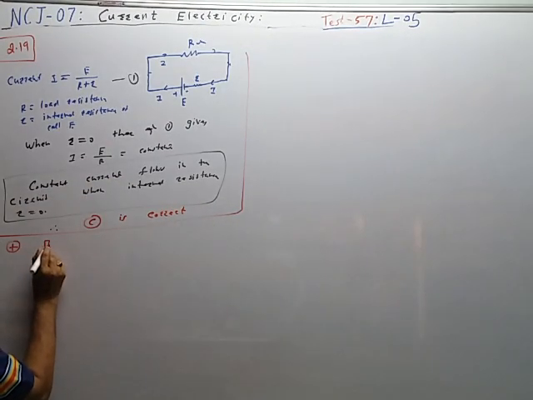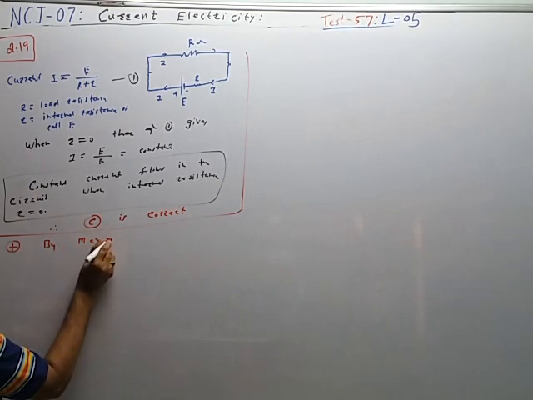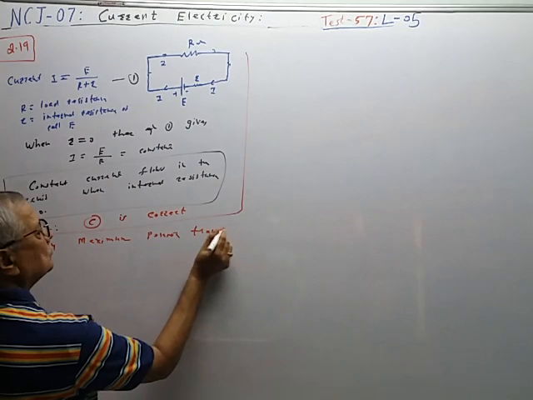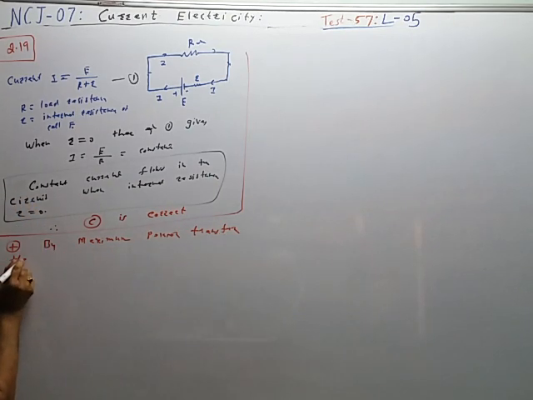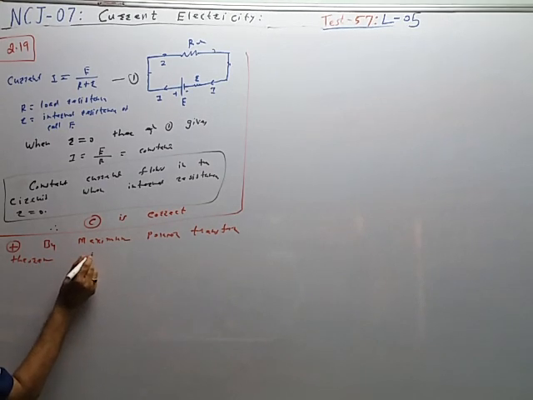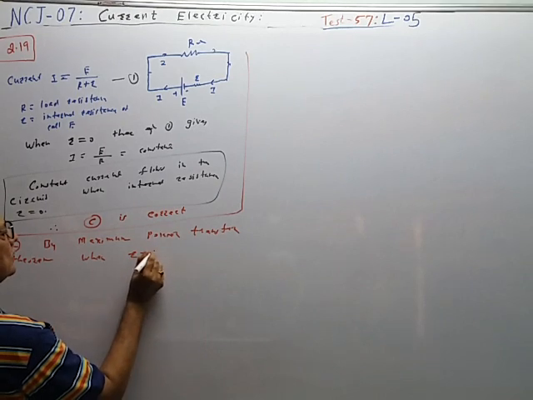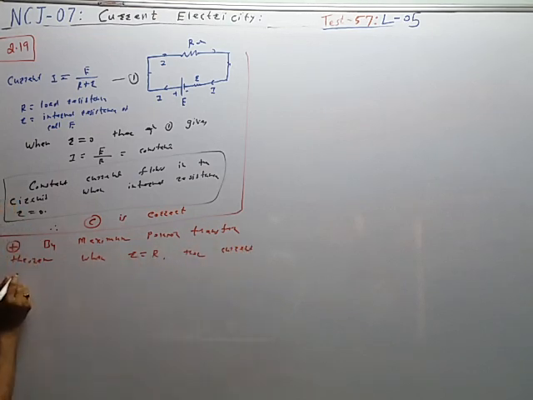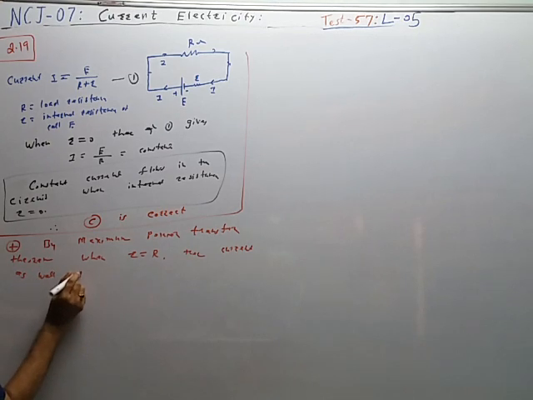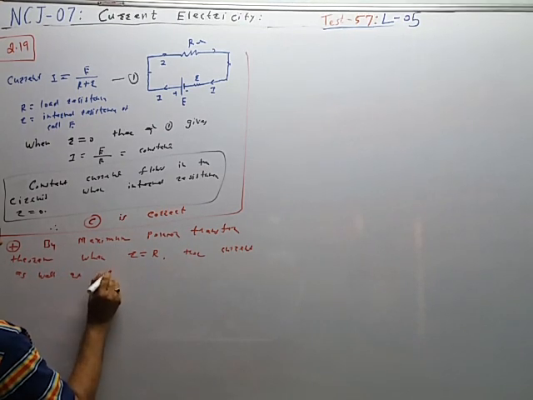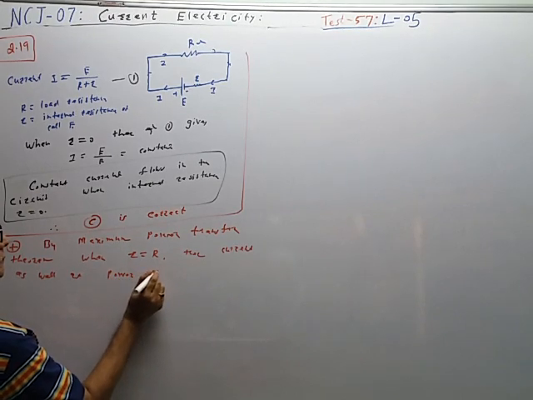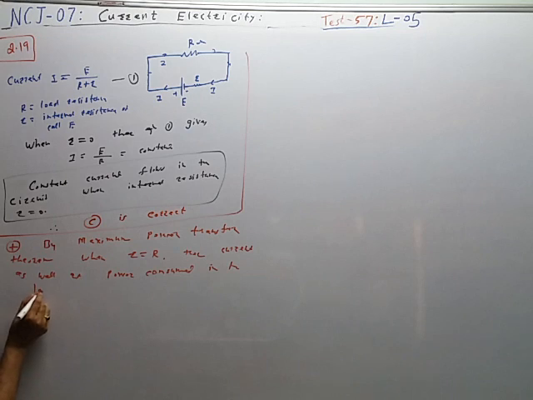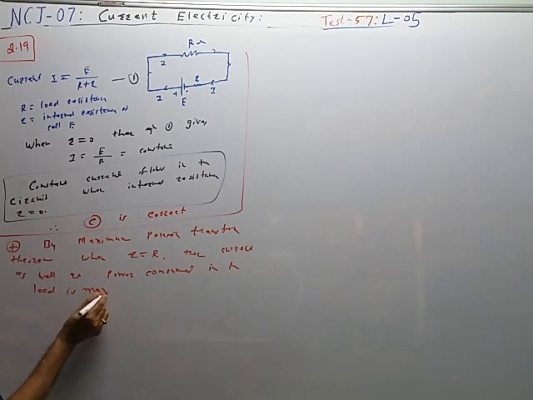By the maximum power transfer theorem, when R is equal to r, then the current as well as the power consumed in the circuit or in the load is the maximum.